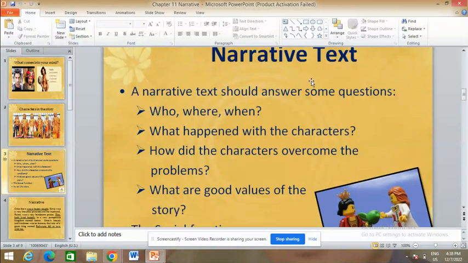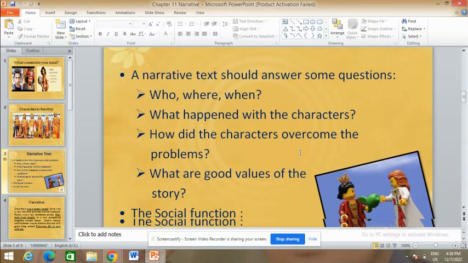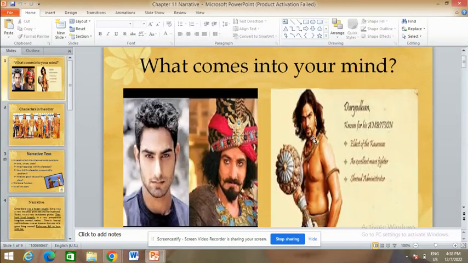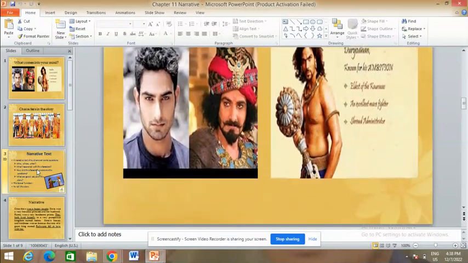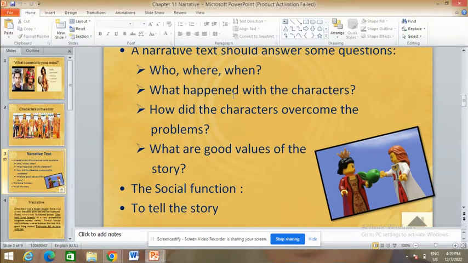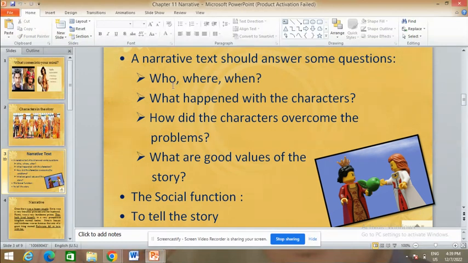So we talk about the narrative text. As we know, the structures are orientation, complication, resolution, and also a coda. The social function of the narrative text is to tell the story or to amuse the readers about the story. This is also the narrative text: who, where, and when, that explain the characters.